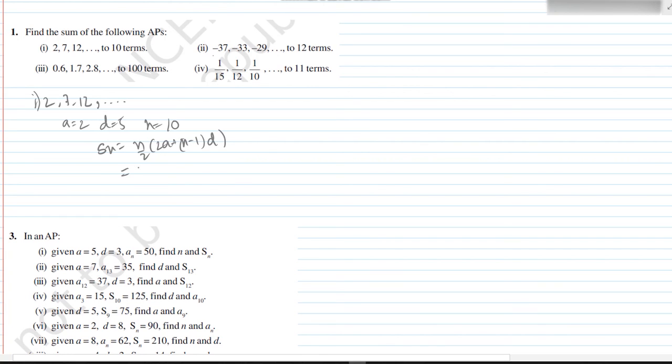So n is 10, so it will be 5 into 2 into 2, 4, plus 9 into d, which is 5. So 9 times 5 is 45, 45 plus 4 is 49. 49 into 5 is 245. 245 is the answer. Same way do for this. Do for this also, do for this also. Understand?